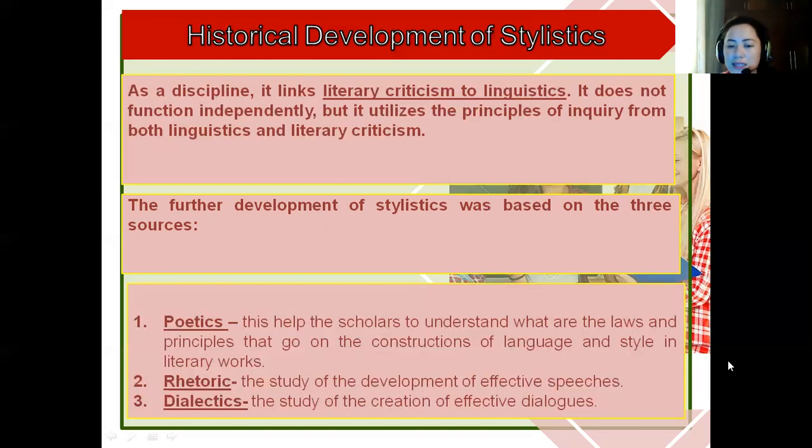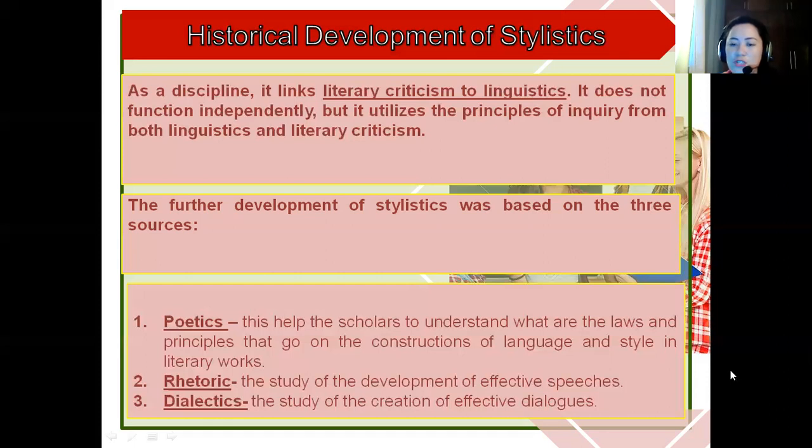What is dialectics? It is the field that focused on the creation of effective dialogue. So this is another field, since it is already a two-way process of communication. Therefore, there is already a listener, so there is immediate feedback.